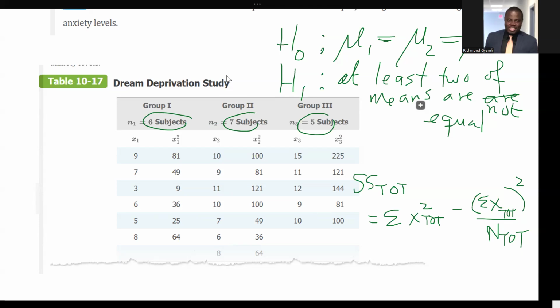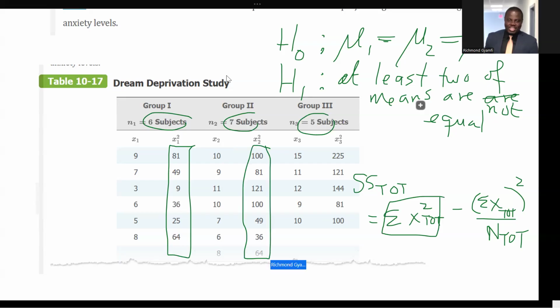Now, we're going to find this next. The summation of x squared total. So I'm going to add these x squared for group 1, plus, so add all of them, add all of these, and then add all of that. So we're going to add all 3 together.